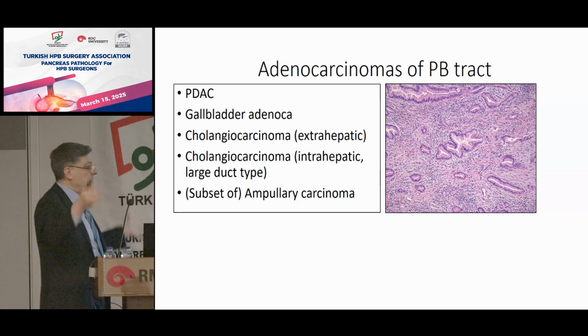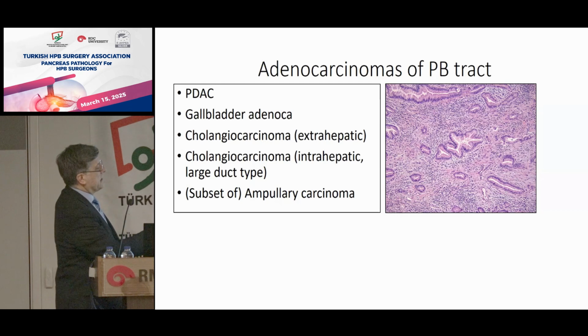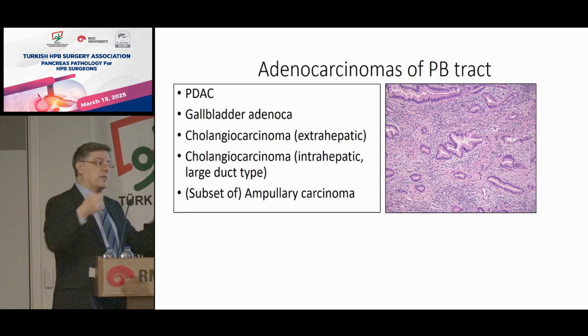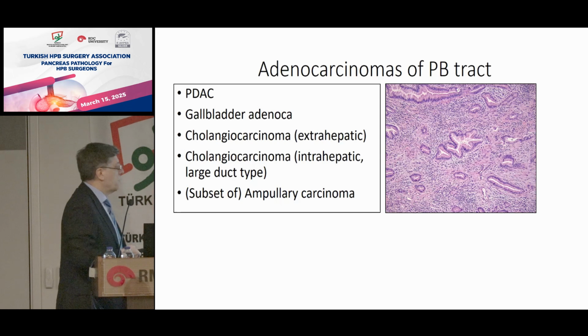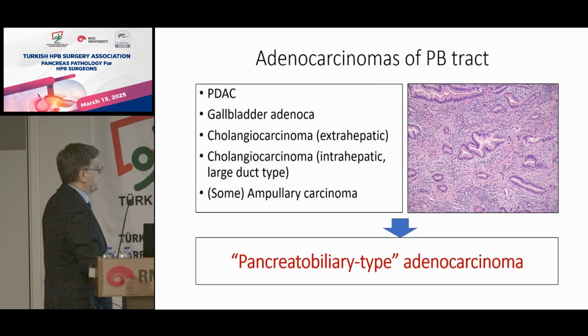But currently, that umbrella category helps us because you send us a biopsy like this somewhere in the peritoneum. I cannot tell if this is from pancreas or bile duct or intrahepatic. All I can say is this looks pancreatobiliary. It may be gastric because pancreatobiliary adenocarcinomas and gastric foregut adenocarcinomas have overlapping morphology. So that's why we collect them under this heading of PB adenocarcinoma.